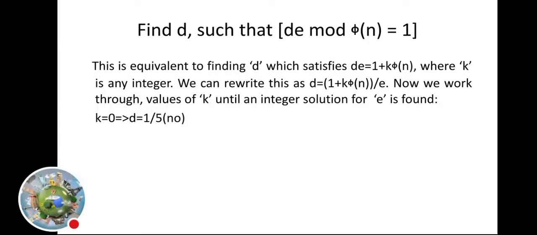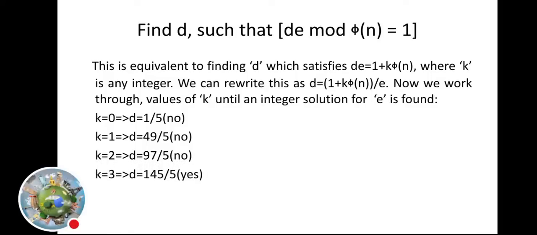If k is 0, 1 by 5. If it is 1, 49 by 5. If it is 2, 97 by 5. If it is 3, 145 by 5. So 145 will divide by 5. So the answer will be D equals 29.